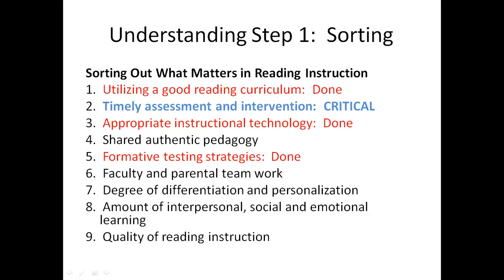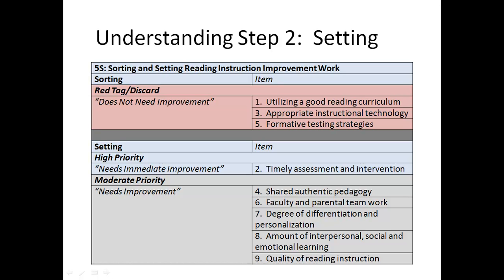So in step number 1, what we're trying to do is sort out what actually are we talking about here? What's the scope and focus of the problem that we're looking at? And then step number 2 is, what do we need to actually really focus on? And that's where we get into setting categories.